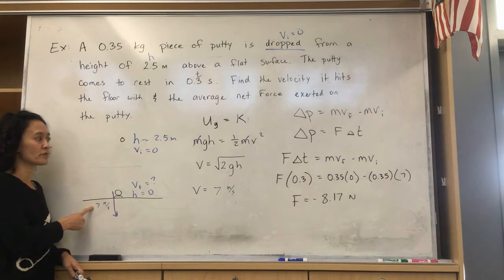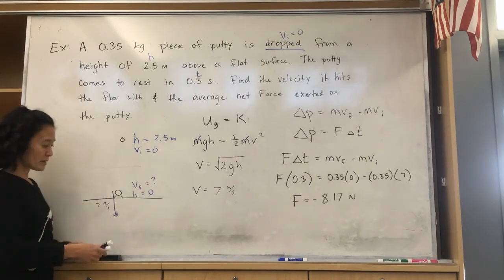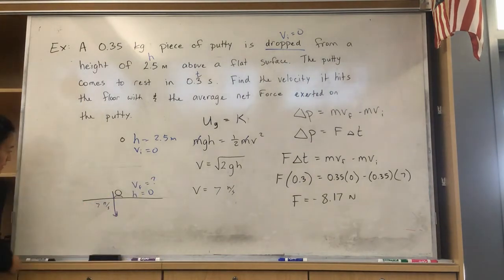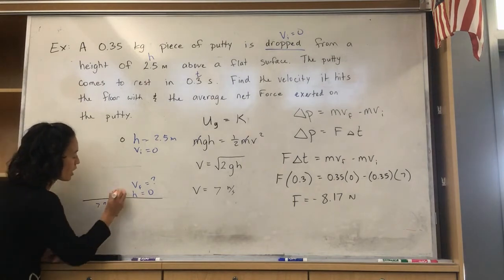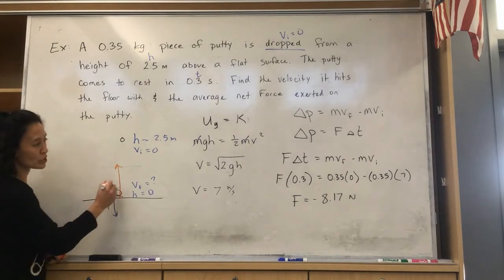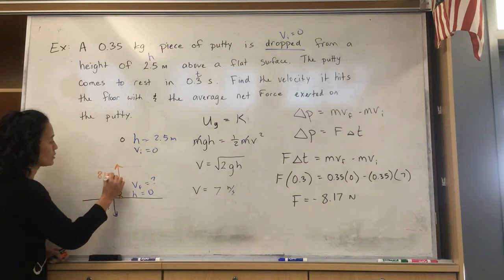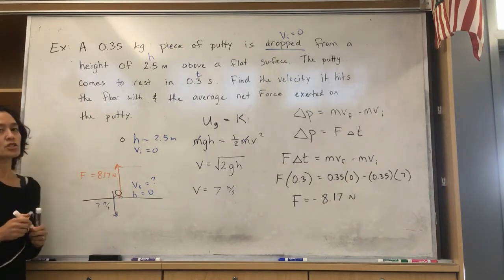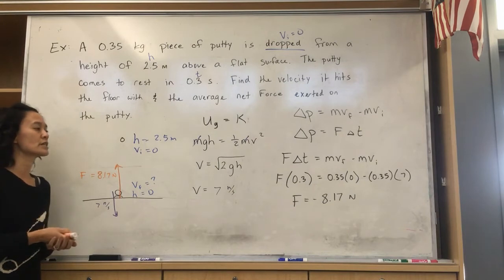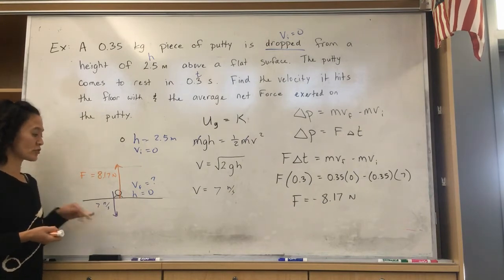If my force came out negative, what that means is that the ground is exerting a force of 8.17 newtons in the opposite direction. The negative is just telling us that the force is in the opposite direction as the initial velocity was.